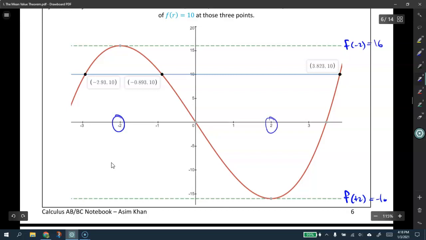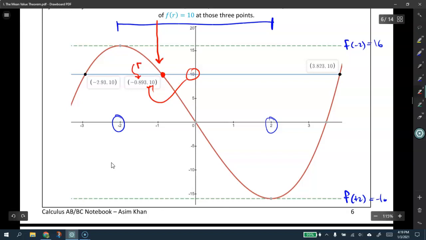And so we were interested in that interval from -2 to +2. And what we do discover is in that interval, right over here, there is such a point, right? There is such a point where its y value is equal to 10. You see that? And so if you're wondering what that point is called, it's r, and that point happens to be -0.893.